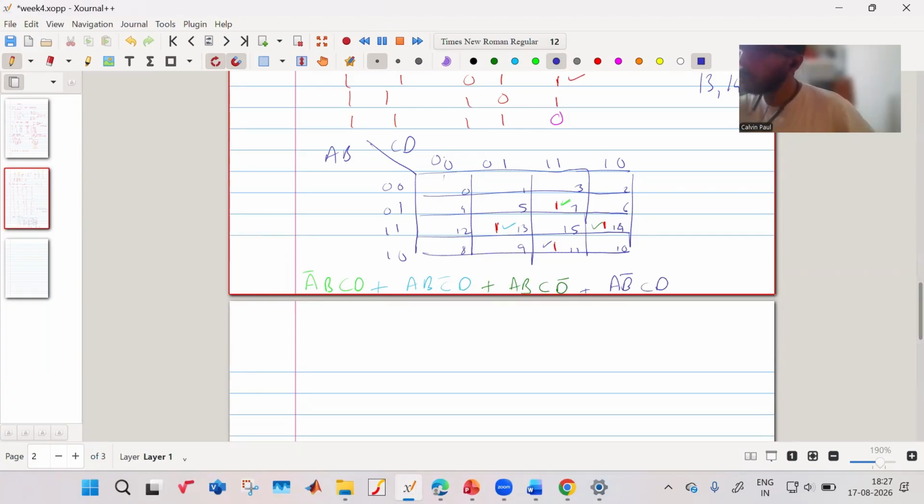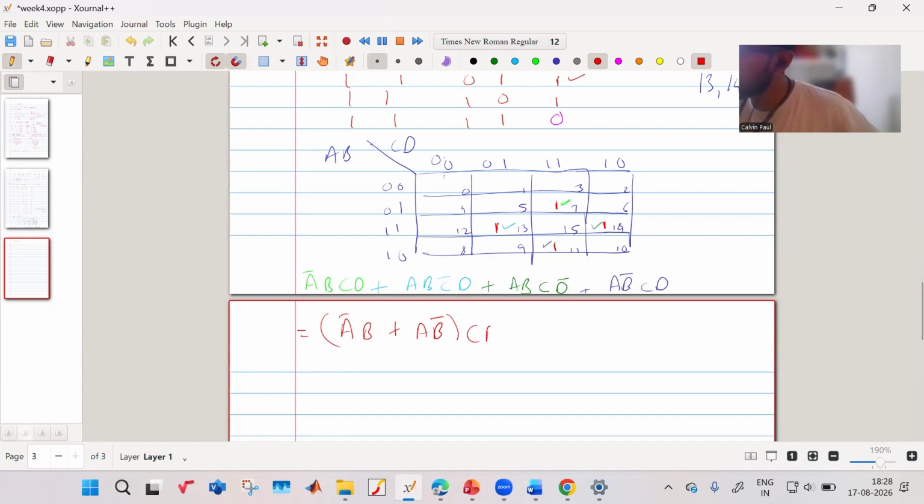Now, what do we do with this expression? How do we simplify it further? We do A bar B plus A B bar, CD, plus A B, C bar D plus C D bar. How can we further write it?